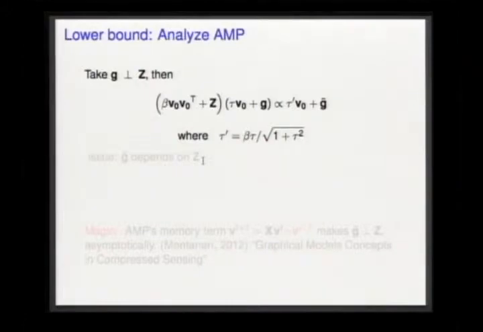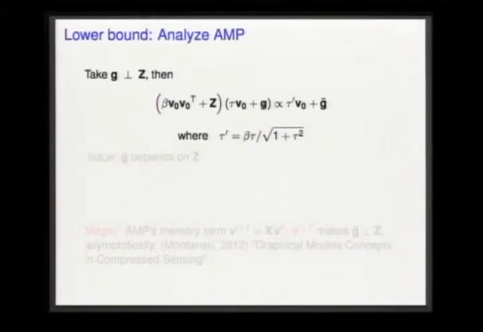Okay. So a first step to see how the analysis works is to say, let's say that we are given a vector which is tau, so again a real number, times v0. So v0 is the signal that we are looking for, plus noise. This noise is a Gaussian random vector which is centered and has variance 1 over n.